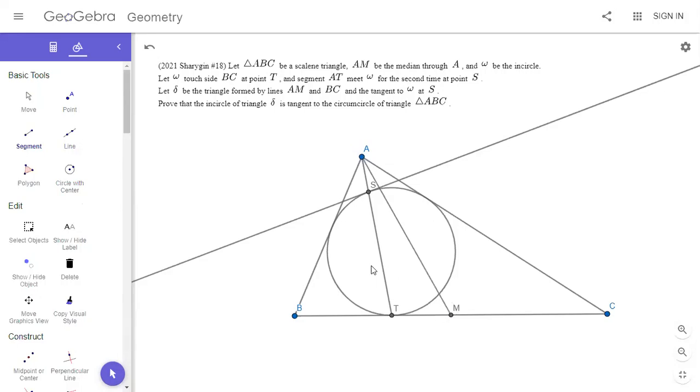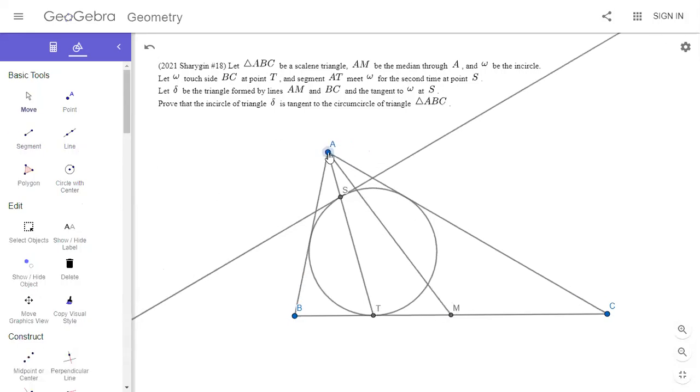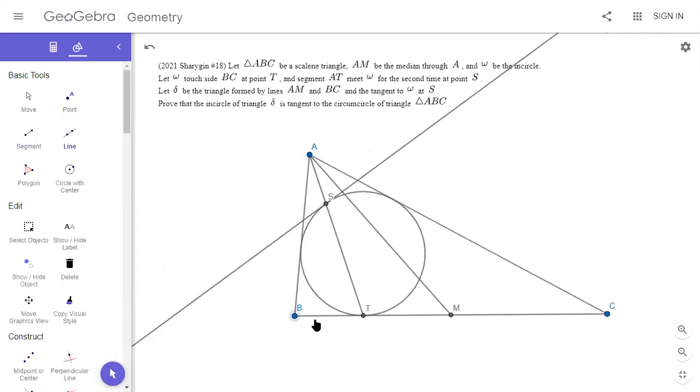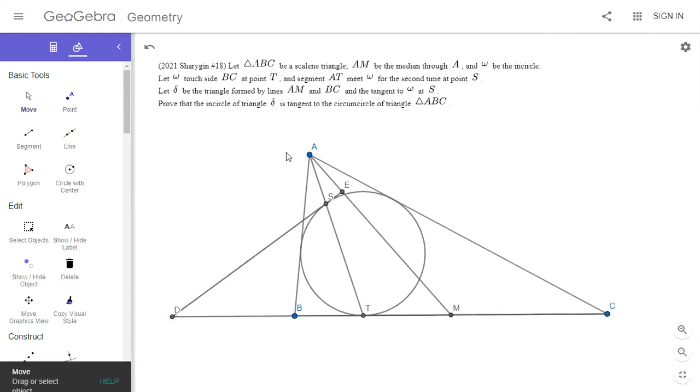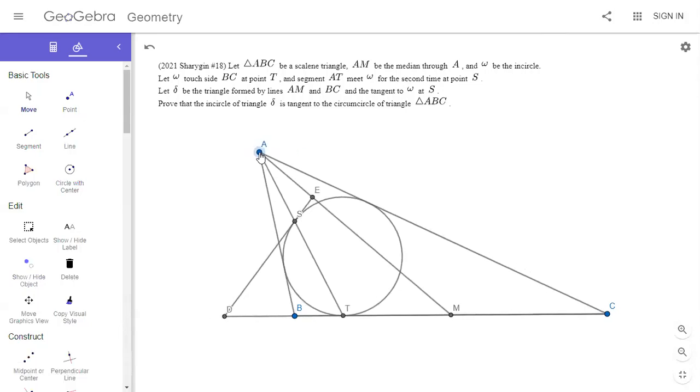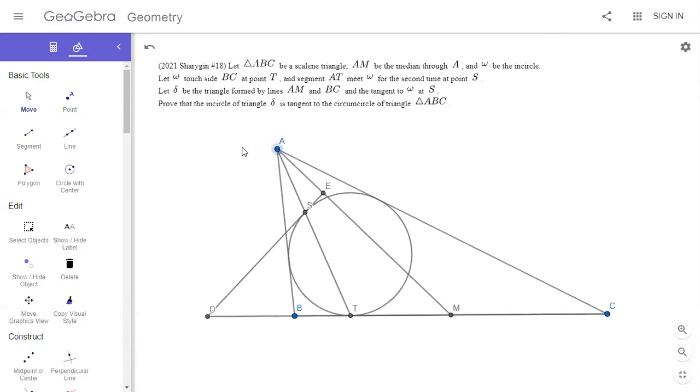AM, BC, and that tangent. So I'm going to draw that point in E. So we draw the incircle of triangle DEM.